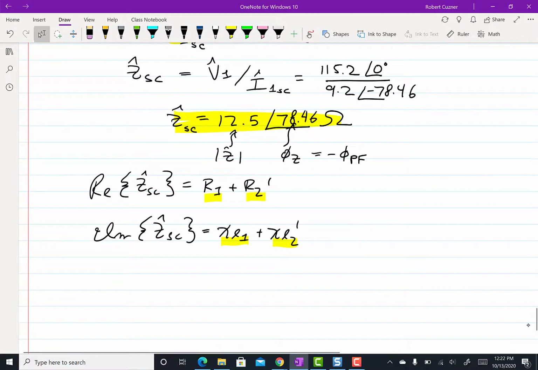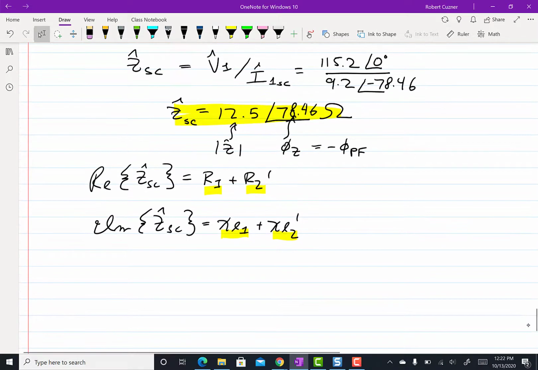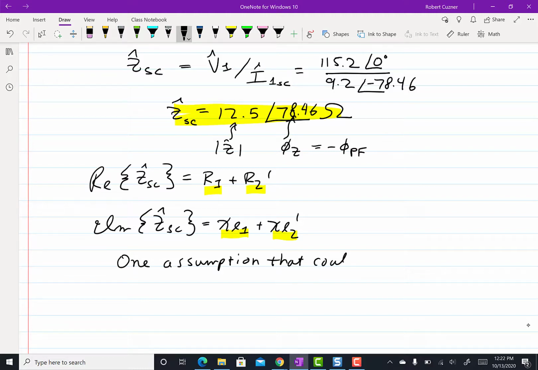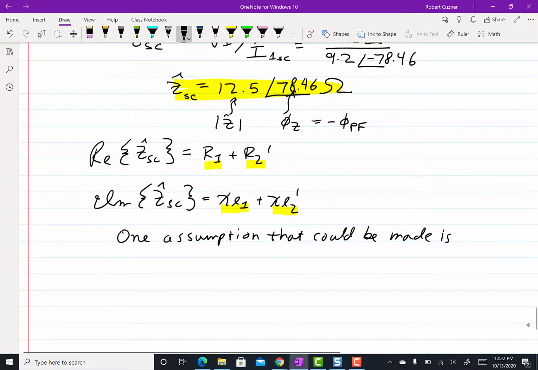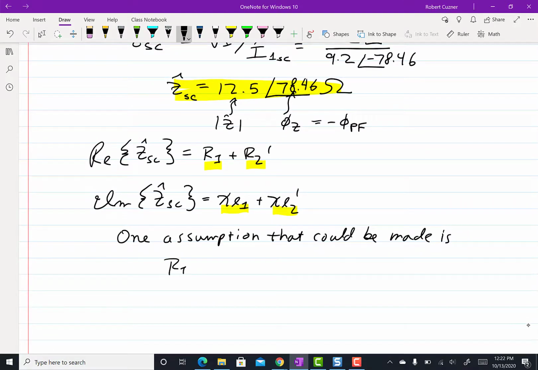Well, if we do not have any more information than this, we would have to make an assumption. So one assumption that could be made is that R1 equals R2 prime and XL1 equals XL2 prime.